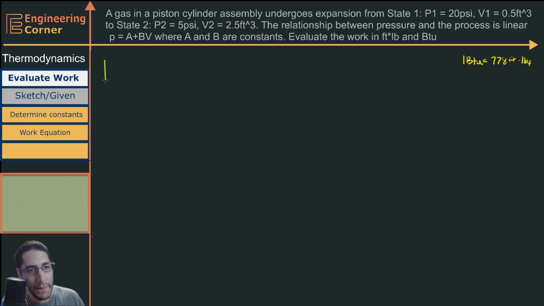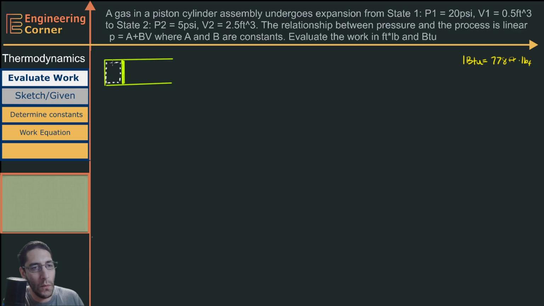I'm going to draw a piston cylinder. This is the cylinder, and this is going to be my piston right here, with a little bit of thickness. And right inside here is the volume I'm looking at.